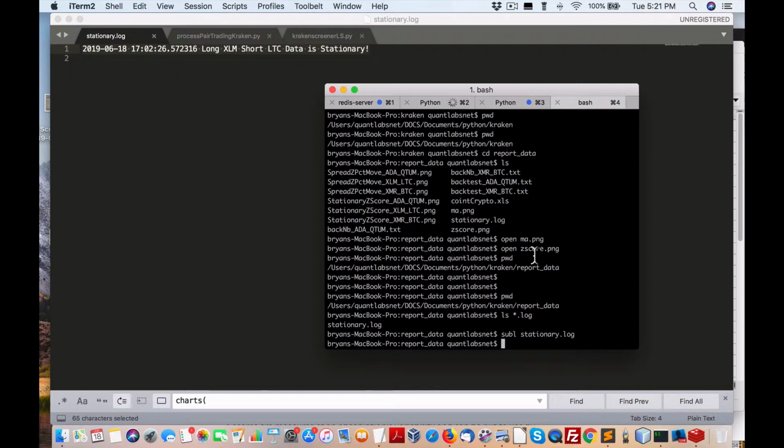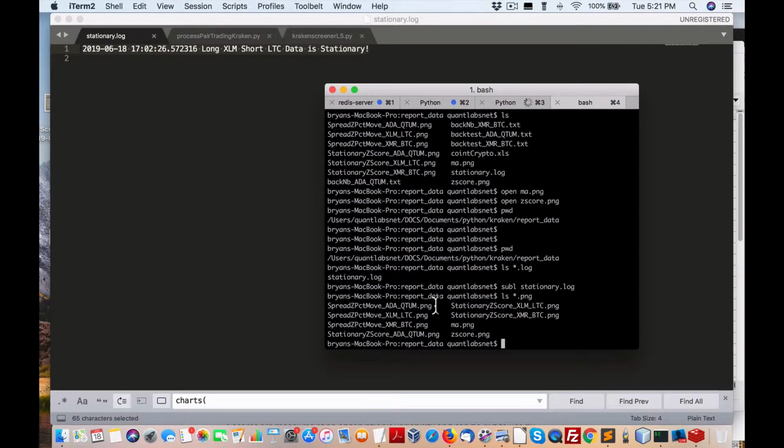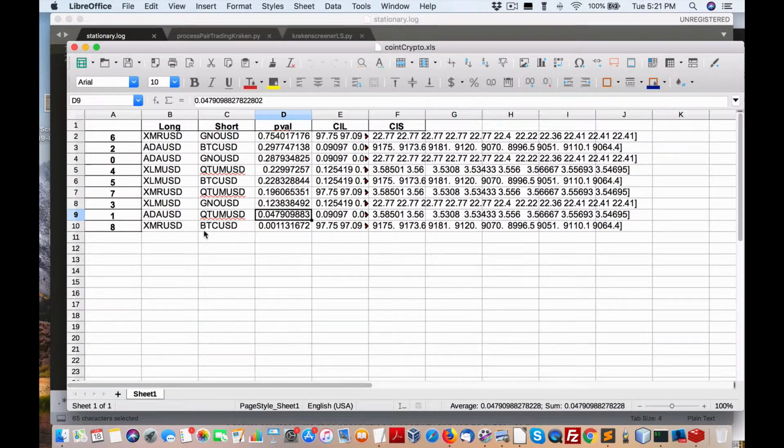I've shown you two charts, but there are two other charts that are useful here. In this case, in our spreadsheet it was XMR and BTC. So XMR again is the long, the short is the BTC.